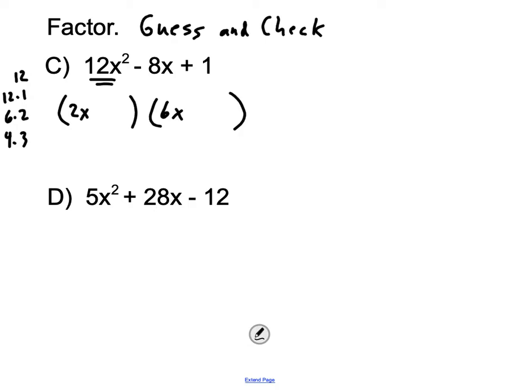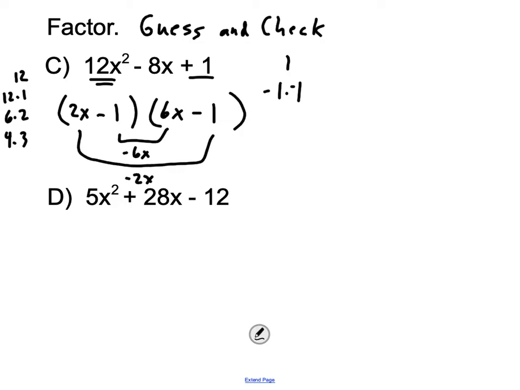So now I have to think what multiplies to give me a positive 1. The only way I'm going to get that is 1 and 1, but notice the middle term has to be negative, so it has to be a negative 1 and a negative 1. So now check the inners and outers. Negative 6x, negative 2x.